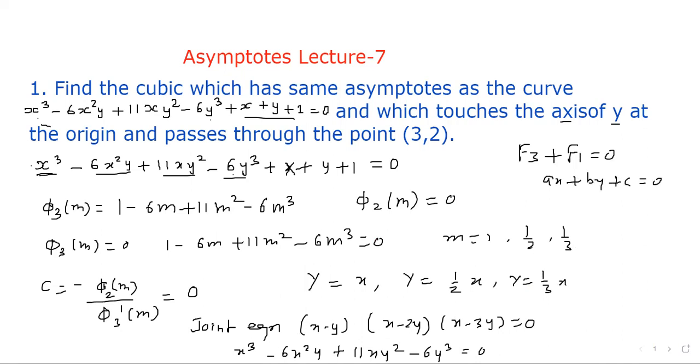So the equation of the cubic will be x cube minus 6x square y plus 11xy square minus 6y cube plus ax plus by plus c equal to 0. So let's write it.